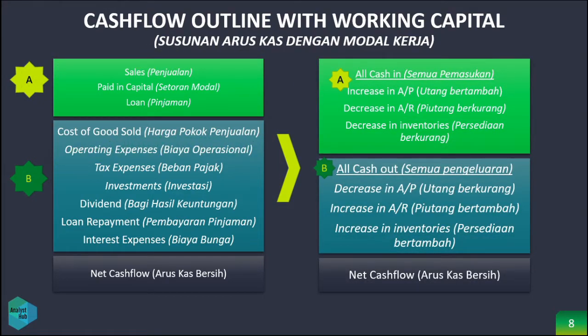If we put working capital into cash flow, as you can see in the cash in, other than group A that I mentioned earlier, there are an increase in payables, a decrease in receivables, and inventories. Also for cash out, other than group B, there are a decrease in payables, an increase in receivables, and inventories. And at the bottom line is net cash flow.